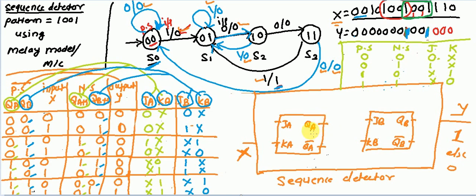Inputs of A flip-flop are JA, KA. Inputs of B flip-flop are JB and KB. Now next step, we have to mention the inputs of each flip-flop in a table. So you can see here JA, KA are the inputs, JB, KB are the inputs.